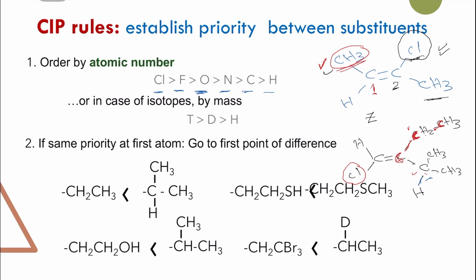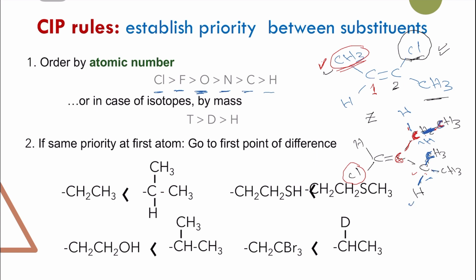So the first point of difference will be the second carbon attached here, because this one has hydrogen, hydrogen, hydrogen, and methyl or a carbon, but this one has hydrogen, carbon, and carbon.